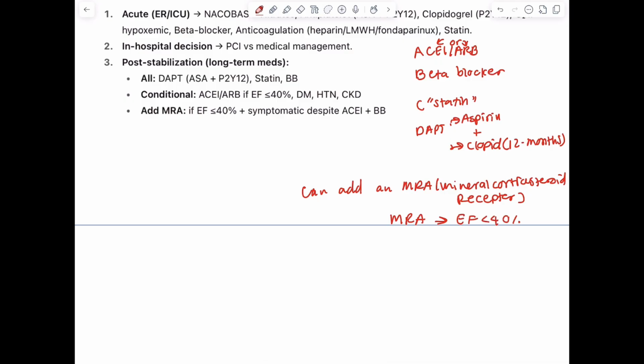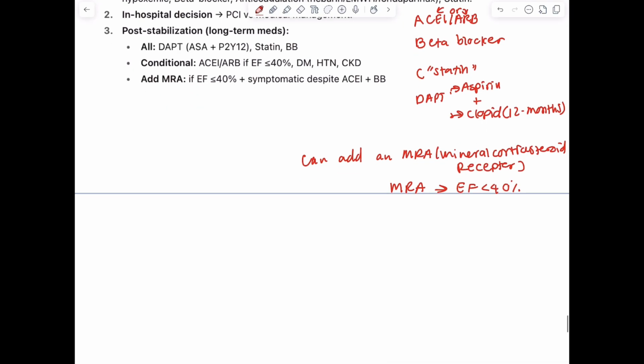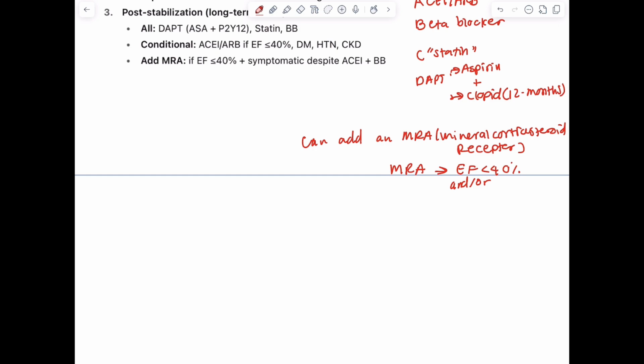So these are patients who develop heart failure, with potassium less than 5, creatinine less than 2.5 for men, or less than 2 for women. They must have this in order to be able to add an aldosterone antagonist, which is what I was trying to say. Now I remember.